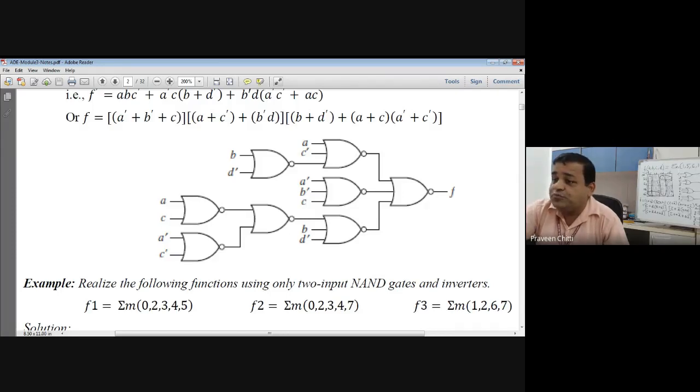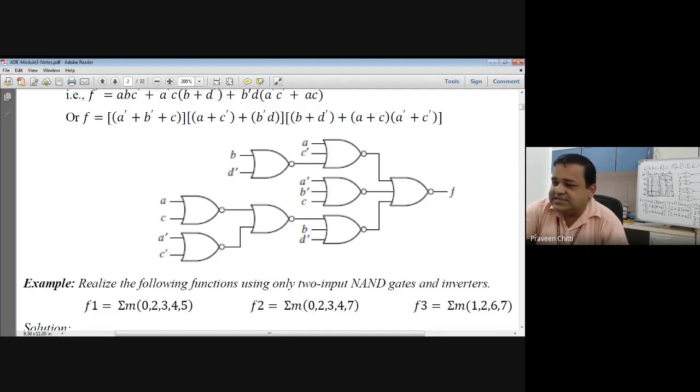If the output gate has any single literal as input, complement these literals.